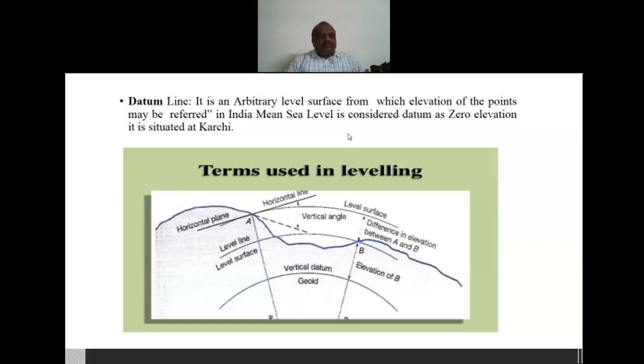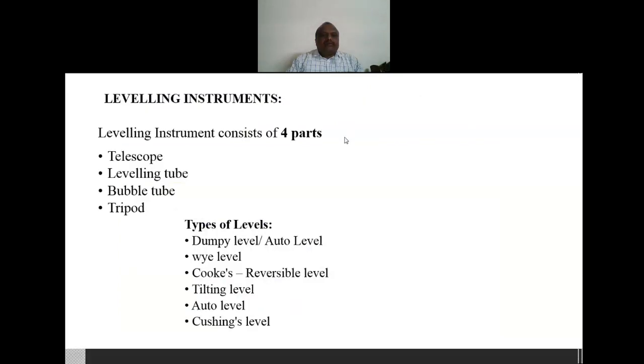Next is elevation. What is the definition of elevation? The elevation of a point on or near the surface of the earth is its vertical distance above or below an arbitrary assumed level surface or datum.